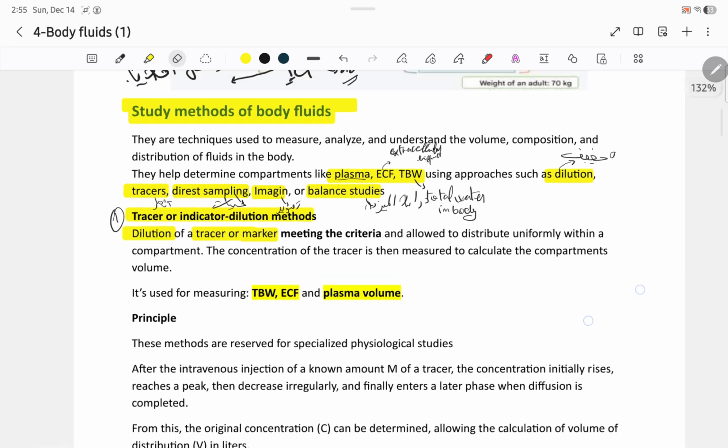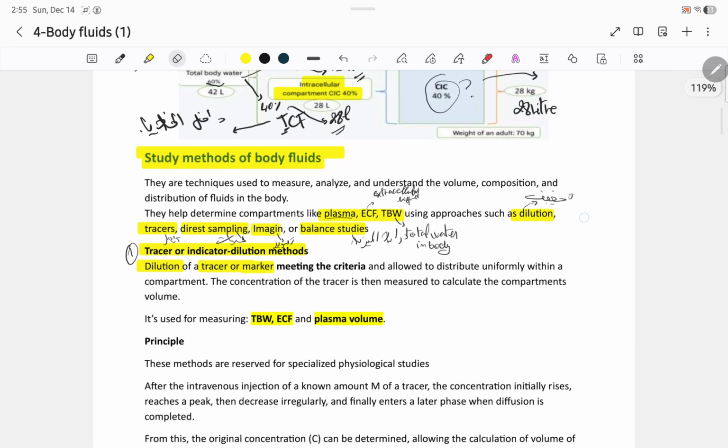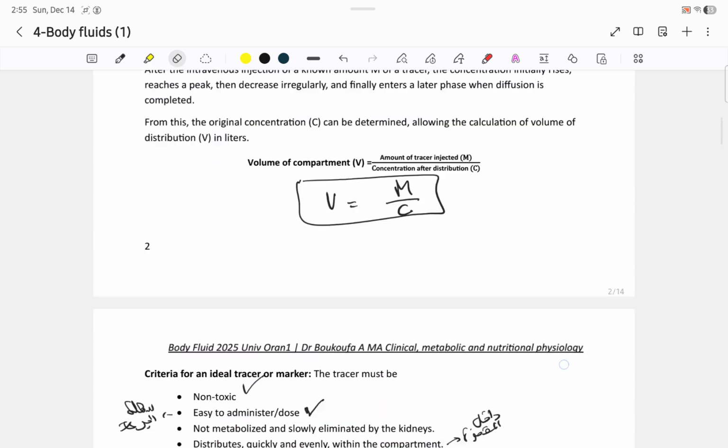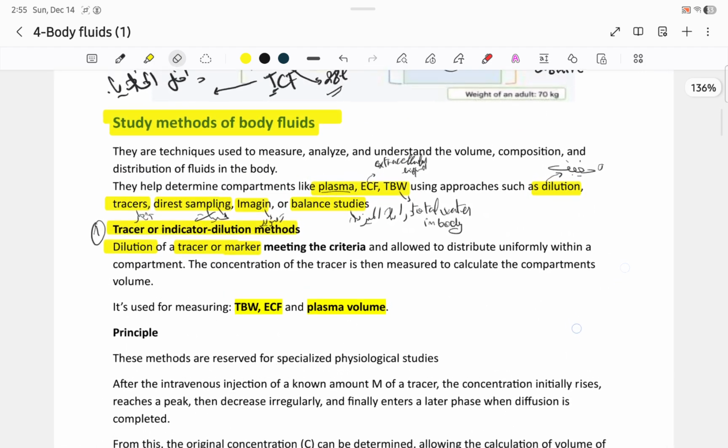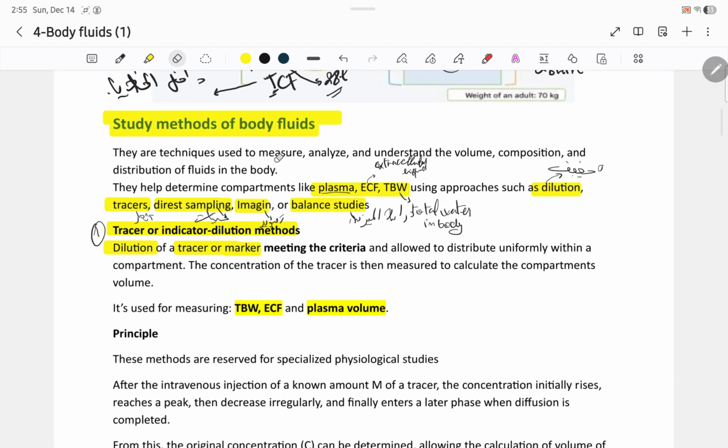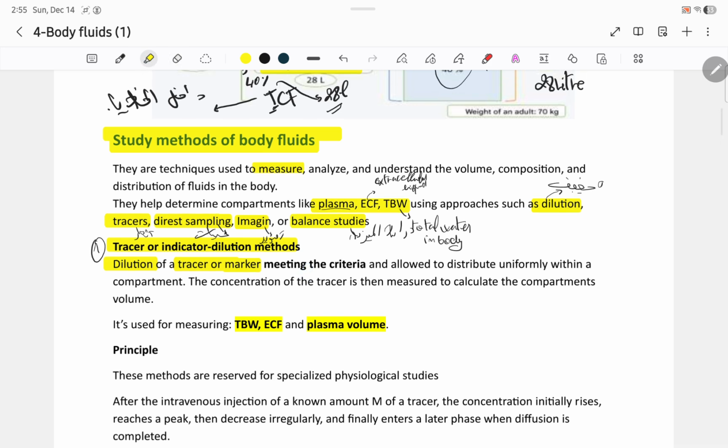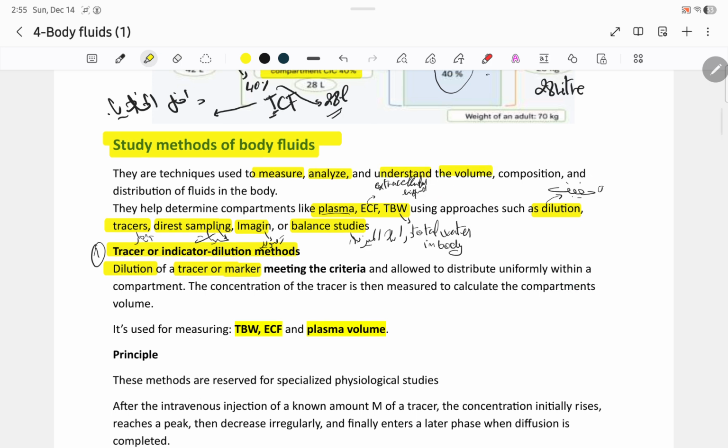Let's see how we can measure this fluid in the body. Scientists use many techniques to measure this fluid in the body, to analyze it and especially to understand the volume of water. We have seen that the volume of water is stable. And the composition, what is the water in our body composed of?